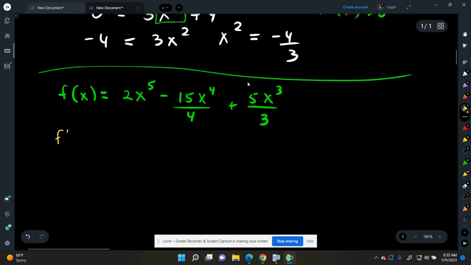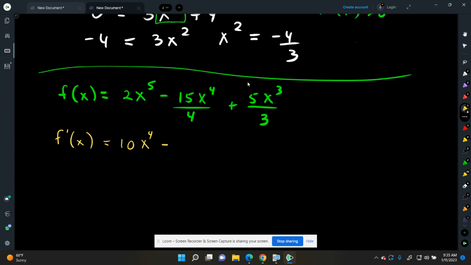So f prime of x is going to give me 10x to the 4th minus, bringing the 4 in front, my 4's will cancel, so this becomes 15x to the 3rd. Same thing happens with 3. When I bring the 3 in front, my 3's cancel, so plus 5x to the 2nd.